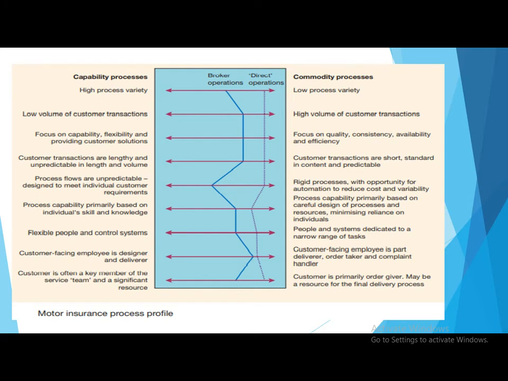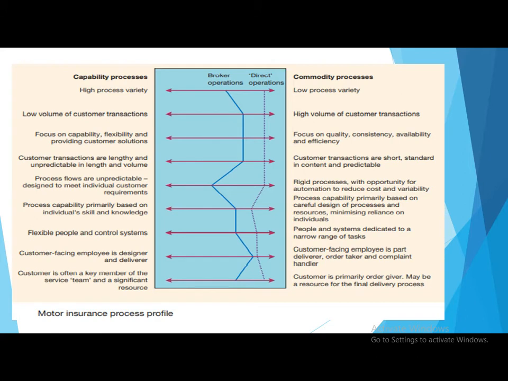The figure illustrates the profile of a motor insurance provider, showing the difference between its direct operations, providing policies to individual users, and its support for insurance brokers. Use of this profiling approach identifies the potential mismatch to be addressed by the service managers.